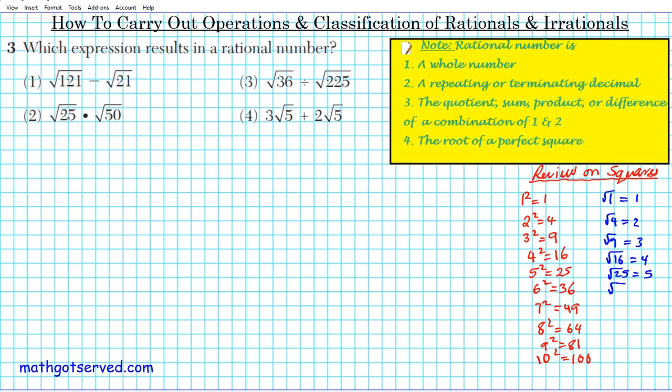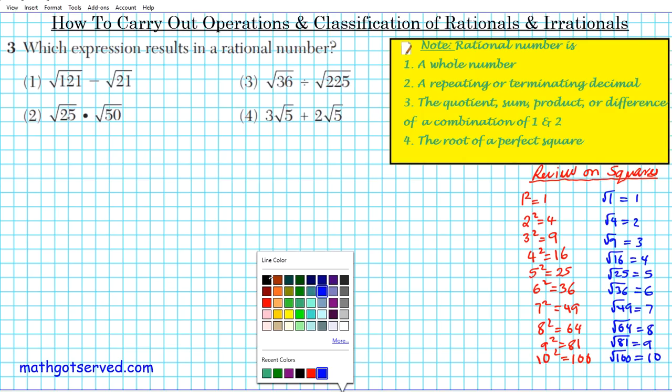Square root of 36 is 6. Square root of 49 is 7. Square root of 64 is 8. Square root of 81 is 9. And square root of 100 is 10. So this just basically illustrates the inverse relationship between square and square roots. They're inverse processes, okay? All right, so let's get started.